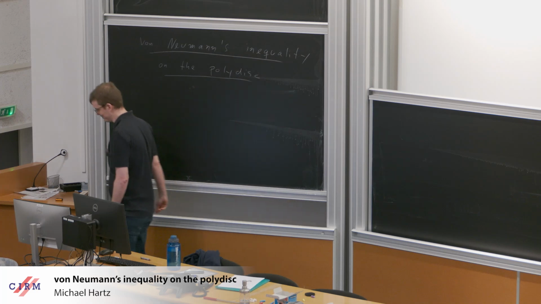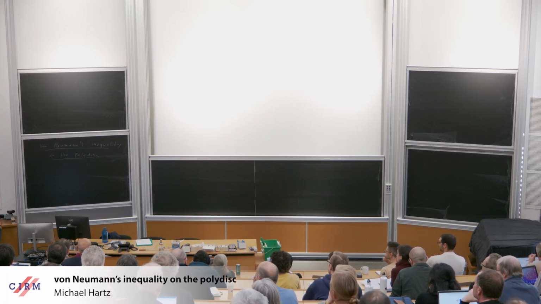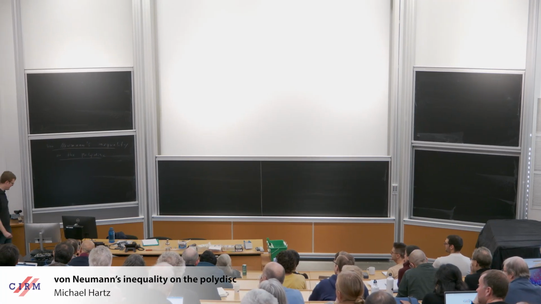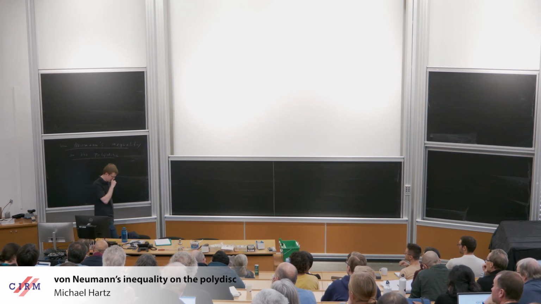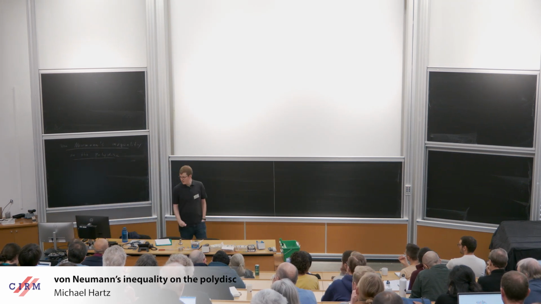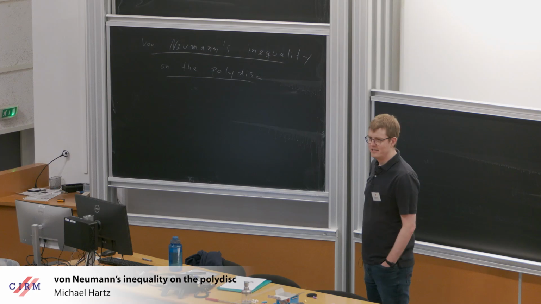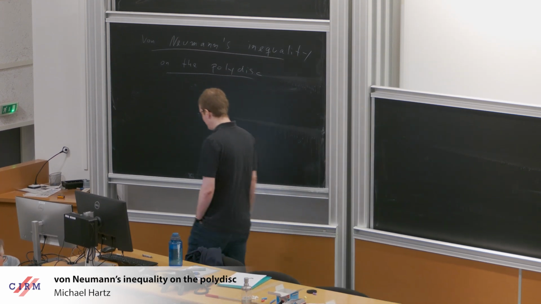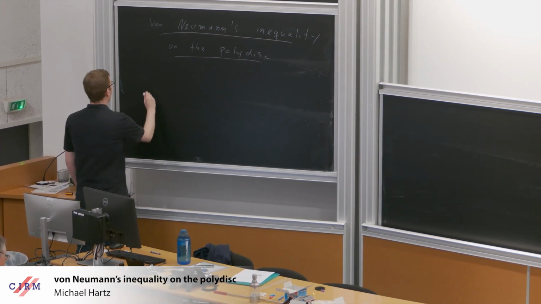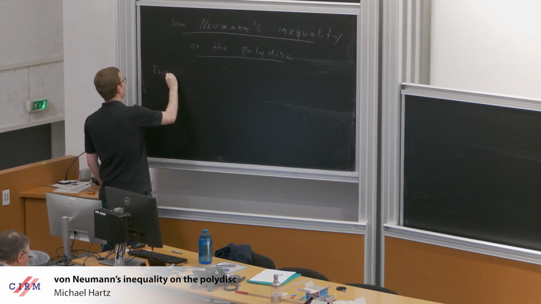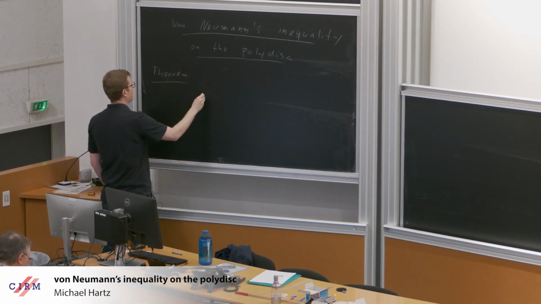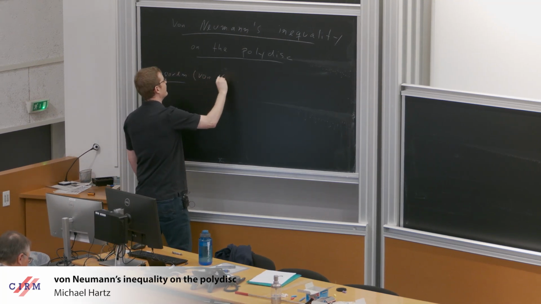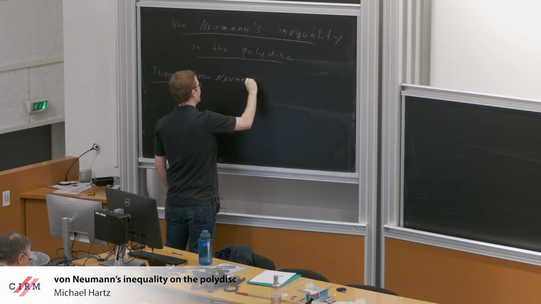All right. So I'm going to talk about von Neumann's inequality in several variables. And probably I don't need to spend a lot of time talking about the classical stuff, but I still feel like I ought to give at least a perfunctory treatment of the classical von Neumann inequality. So this was proved by John von Neumann in 1951.